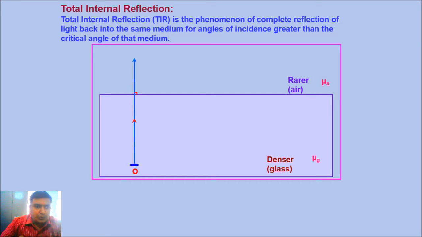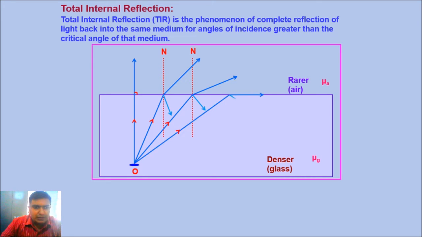As you know, when light goes from a denser to a rarer medium, it bends away from the normal. For different angles of incidence there is a different angle of refraction, and the refracted light tends to bend towards the base.